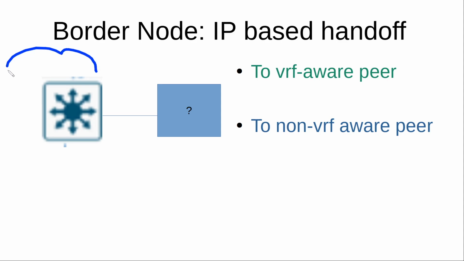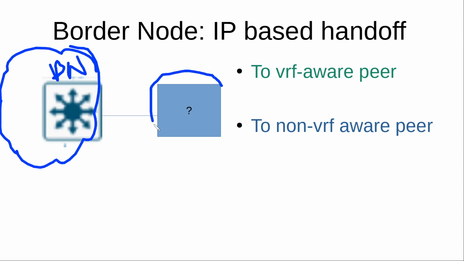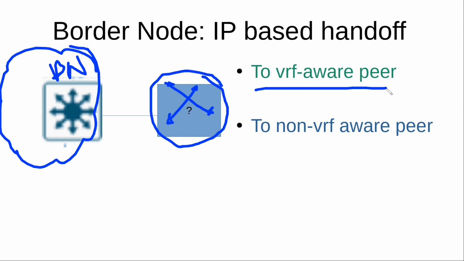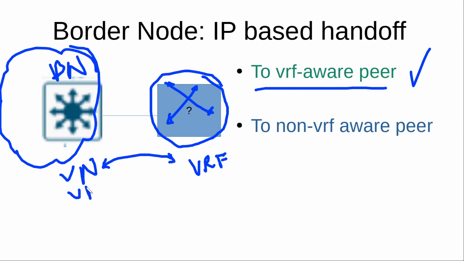So when connecting our fabric through a border node to an external routing device, we can come across two possibilities. That this device is VRF aware, so it will be able to create VRFs. That is a good thing, because then we will be able to match virtual networks to VRFs.